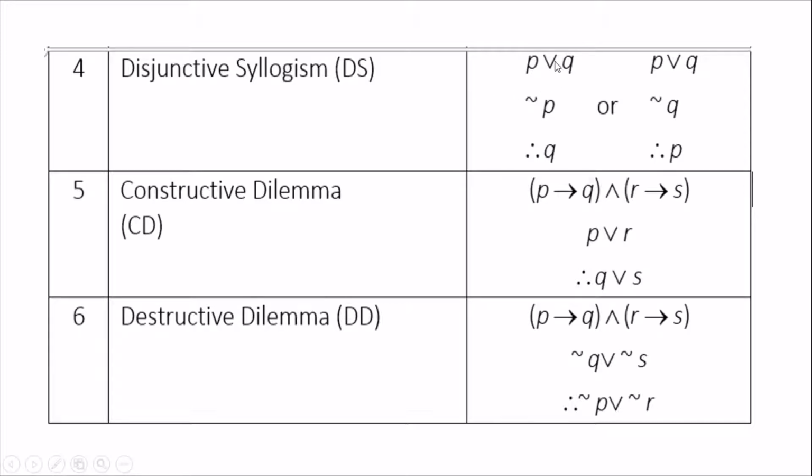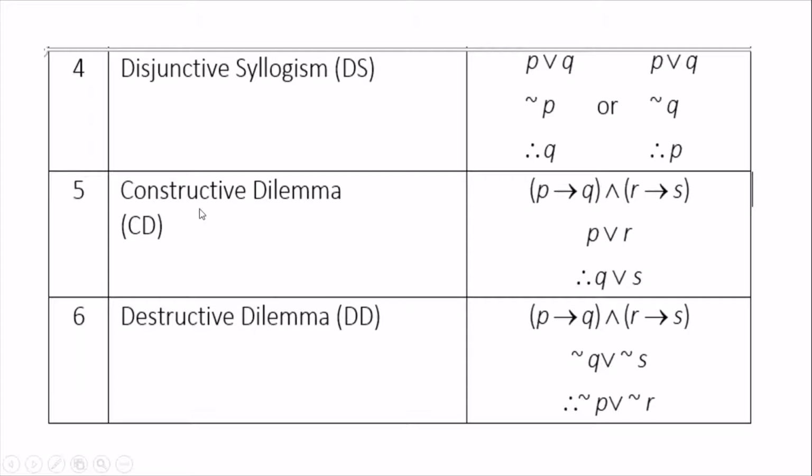If we have two premises such that one premise is a disjunction of two statements, and the second premise is a negation of a statement, therefore we can infer or arrive at a conclusion that it must be Q. Same also in the second form. Again, we have a disjunction of two statements, and then the second premise is not Q. If it is not Q, therefore it is P.